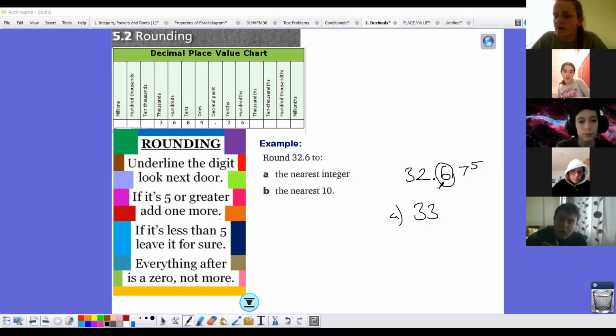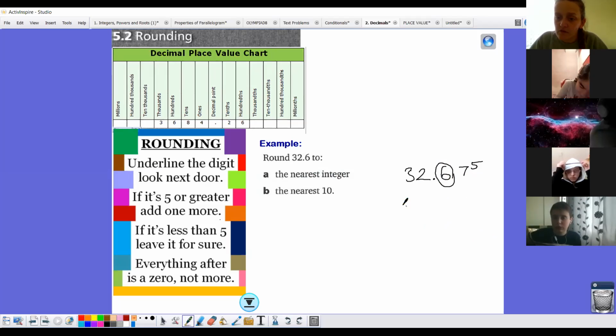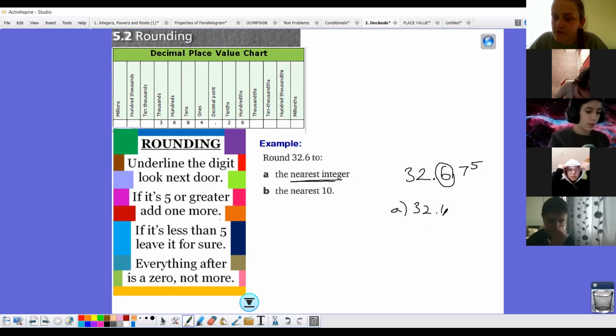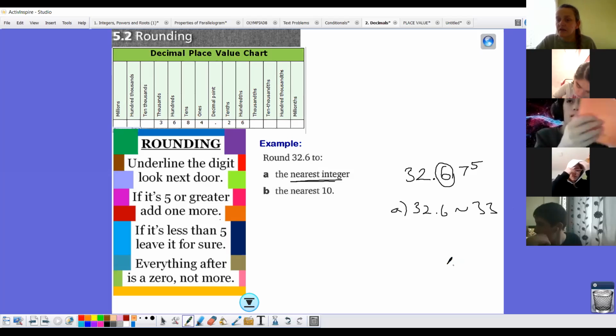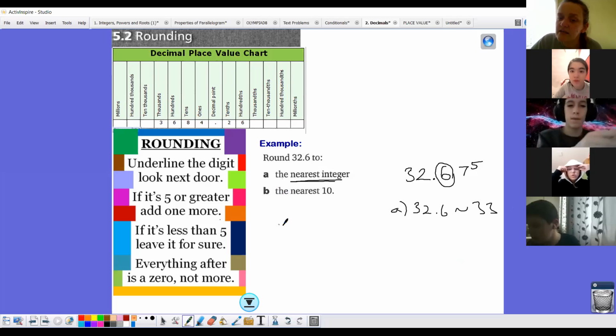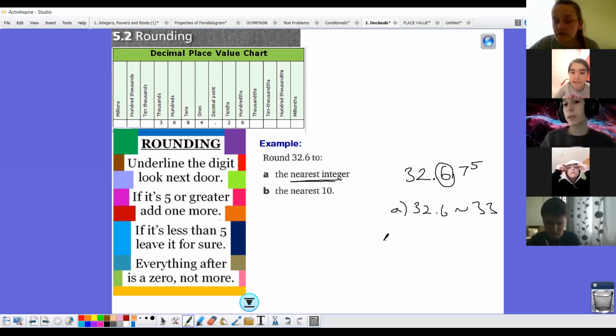Decimal number, then it becomes integer, okay? So if it's like 32.6, then it's 33. If it's 32.4, it's 32. So let me write like this. Because it says nearest integer, I'm rounding 32.6 to 33, okay? Should we write this? Yes, you have to write this.